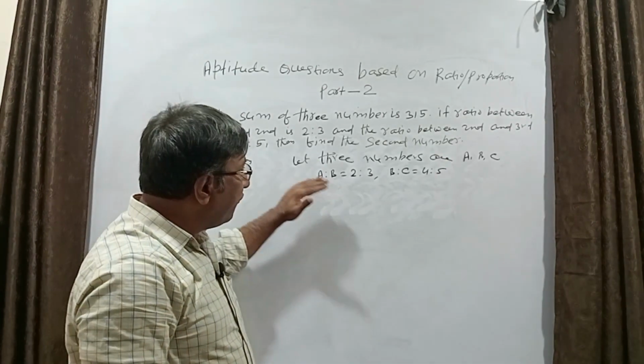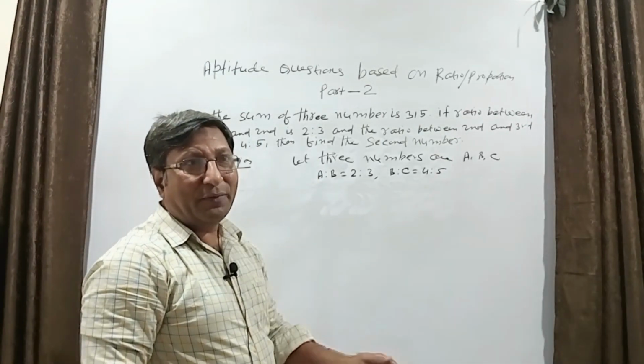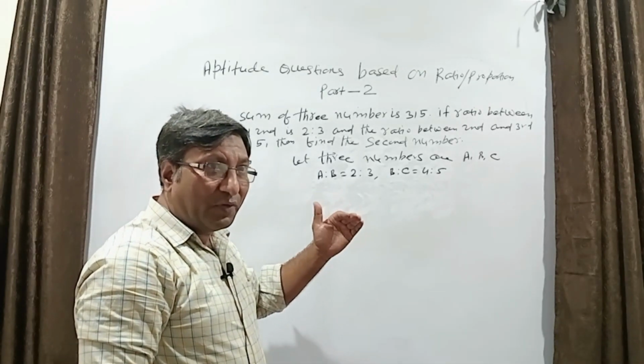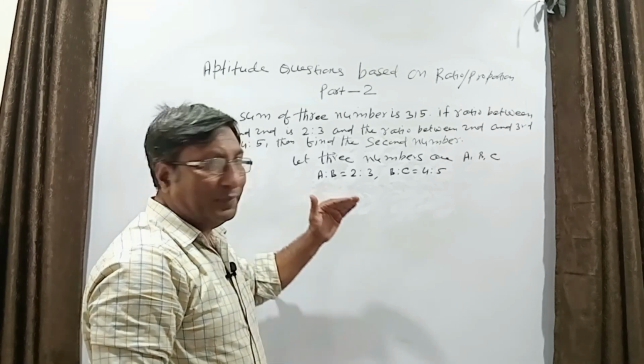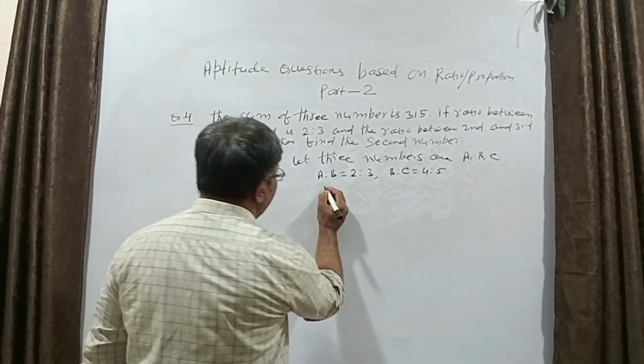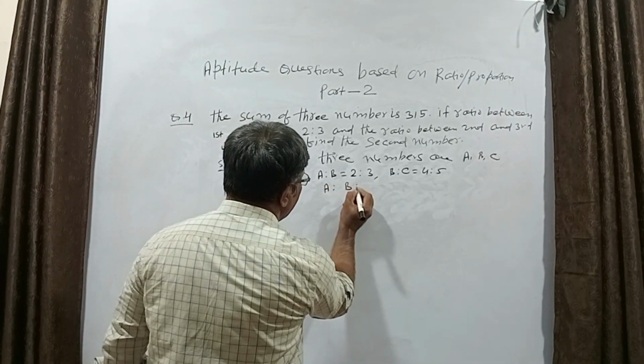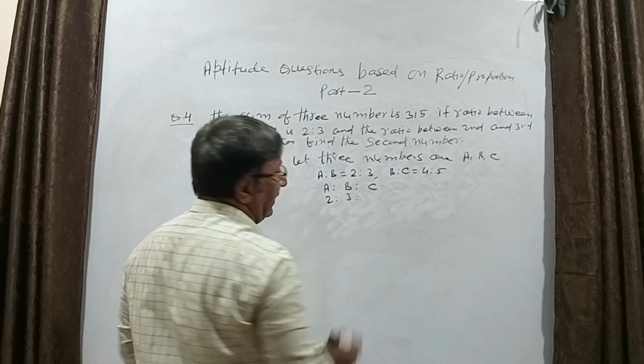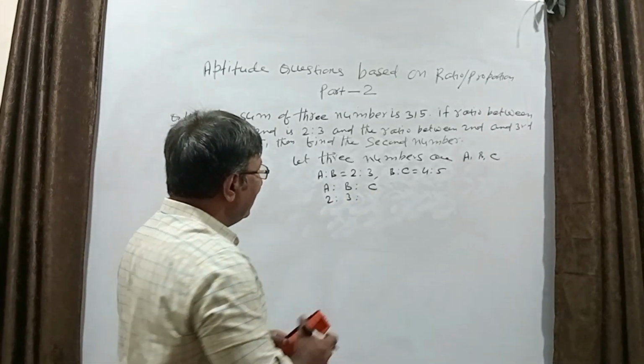First of all, find the ratio between A, B, C. We already understood the technique. How can we find the ratio between A, B, C? This is A, this is B and this is C. AB is 2:3, here C is blank, so write 3 on this side.